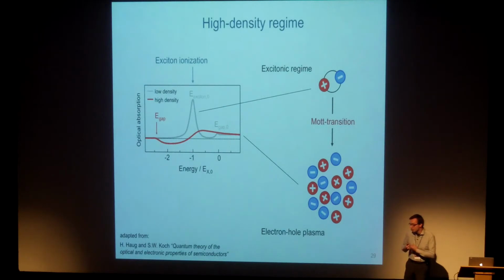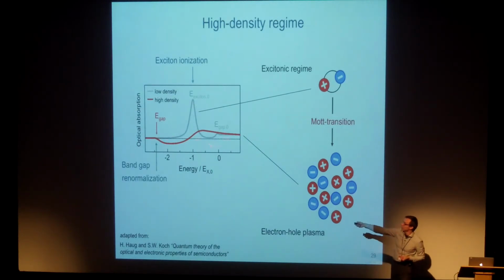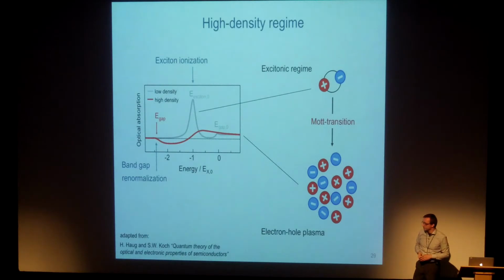And the stronger this repulsive interaction, the higher it will go. Now we sort of reverse this. We make all Coulomb effects weaker, also the contribution to the self-energy. It means the band gap reduces. And this is also what's expected and what's calculated from the theory. So the band gap renormalizes to lower energy, even beyond the exciton resonance.